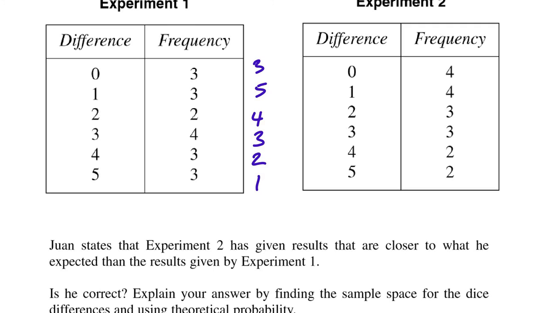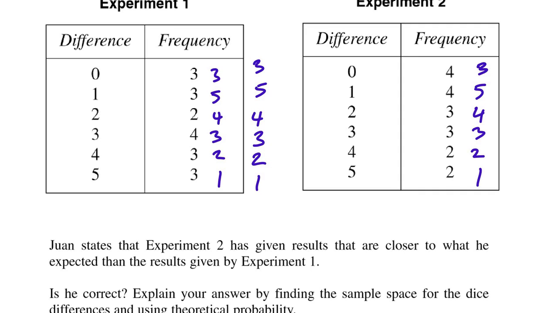This is theoretical. Keep that in mind. And I just write it out here, actually write it in the table so you can see this theory. Theoretical: 3, 5, 4, 3, 2, 1. See? Can you see which one is closer? I write it in so you can see it. 5, 4, 3, 2, 1.